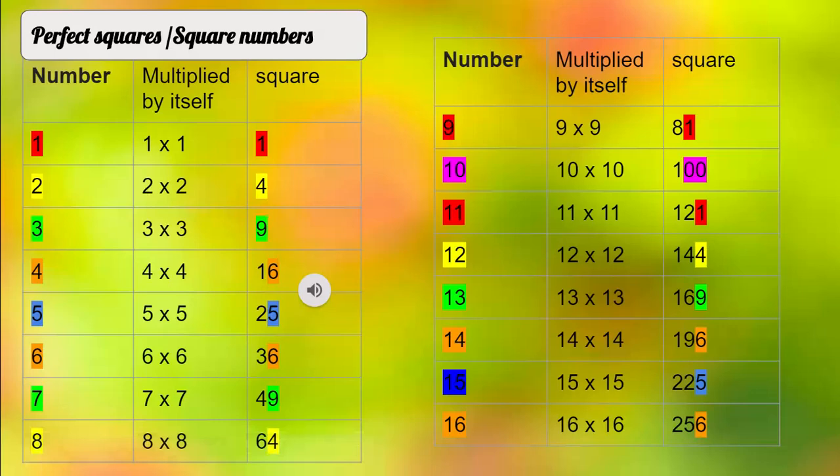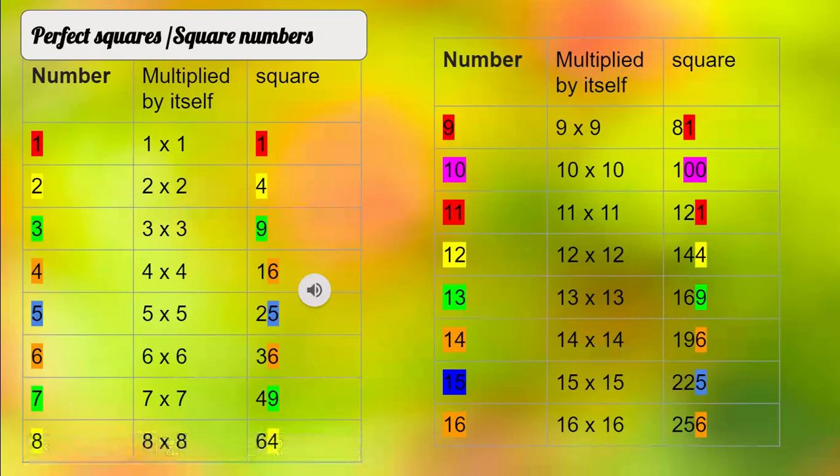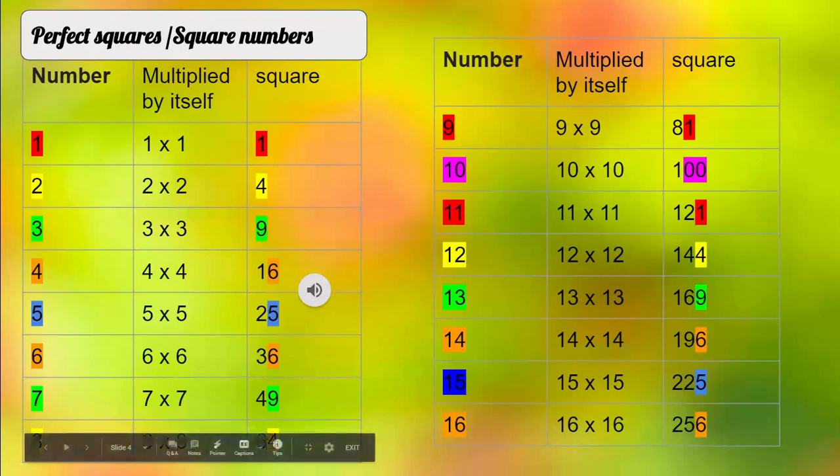So non-perfect squares are lying in between perfect squares. The question is, how many non-perfect squares exist between two consecutive perfect squares? First, let's see, do they exist between perfect squares?